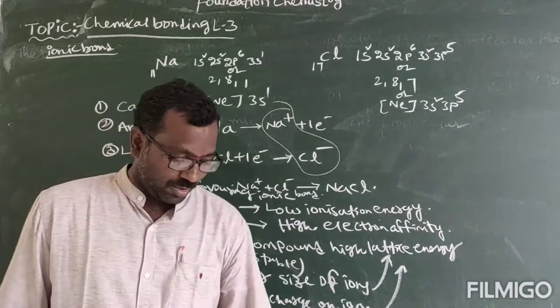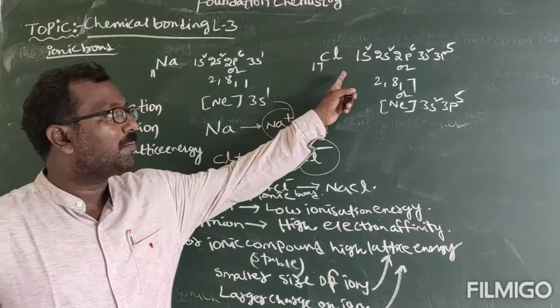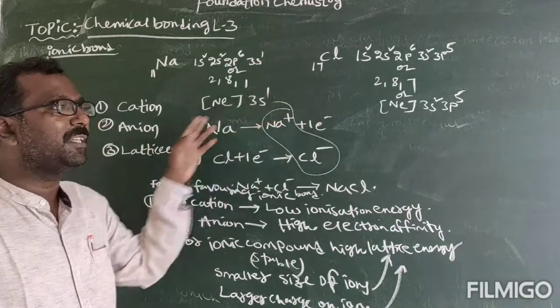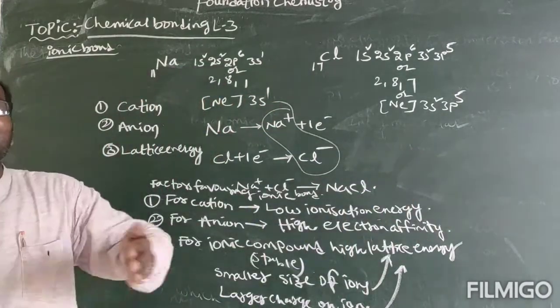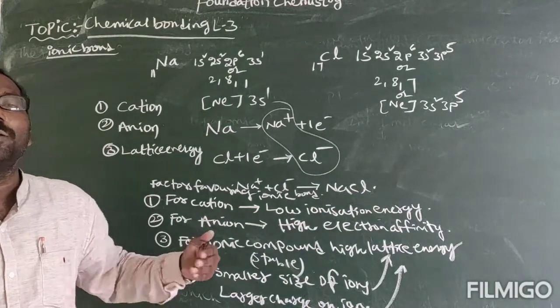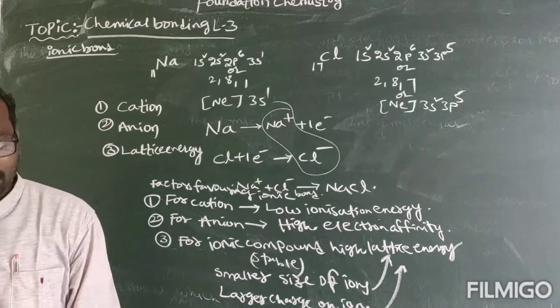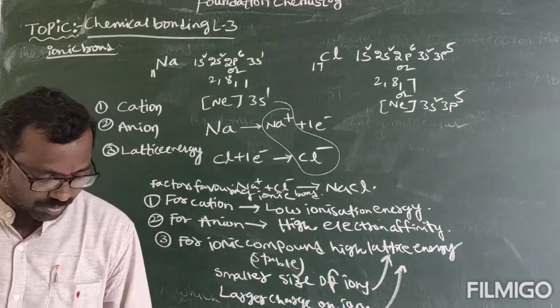Suppose smaller ions, you see here Na+ and Cl-. These have atomic numbers 11 and 17. There is a large gap between them, 8 elements are there. So they will form stronger bonds. That is also important.